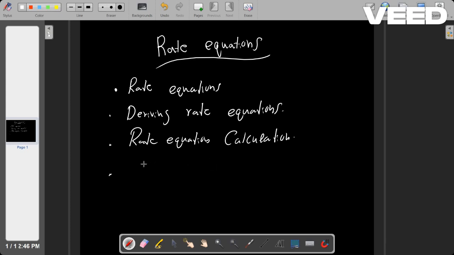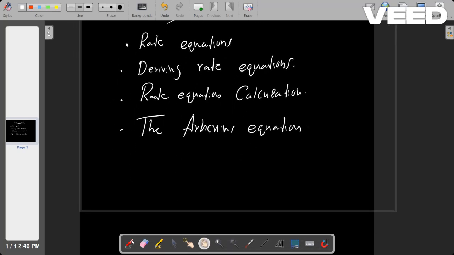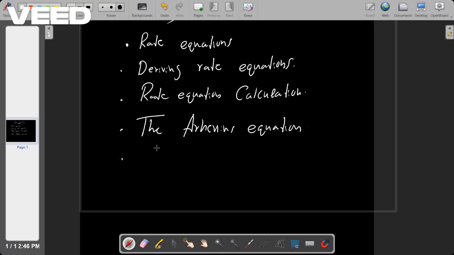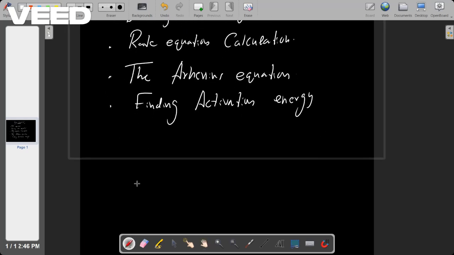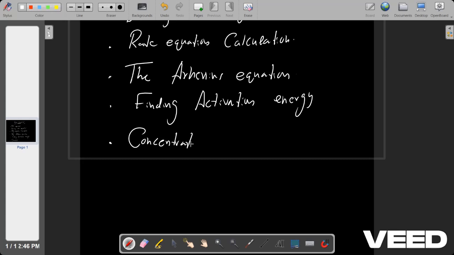Rate, and the Arrhenius equation. Then finding activation energy. Concentration time graph.